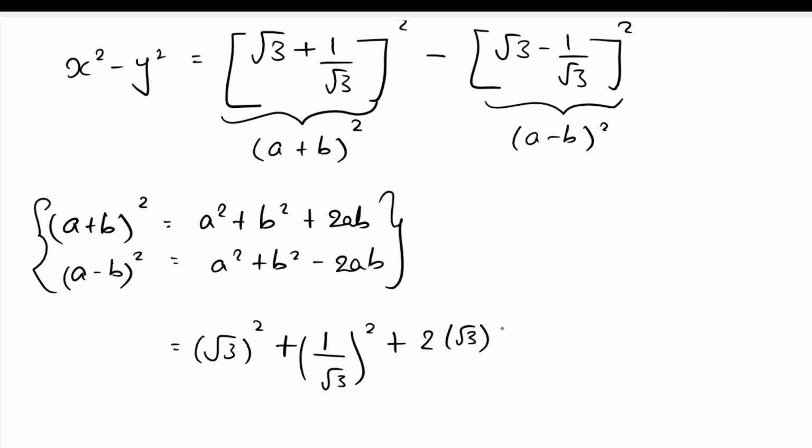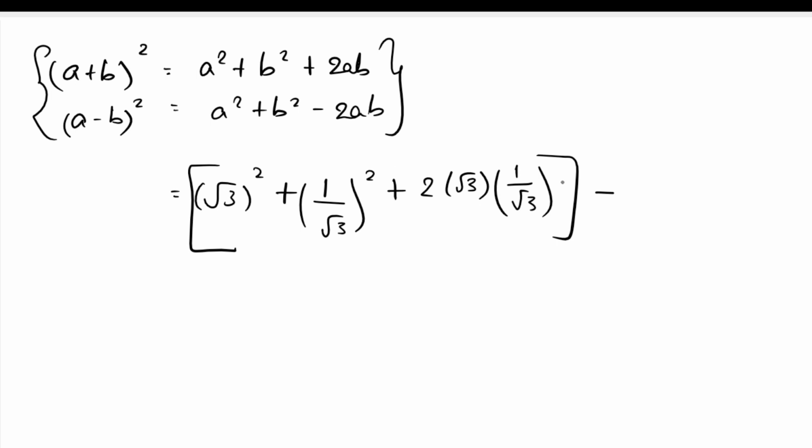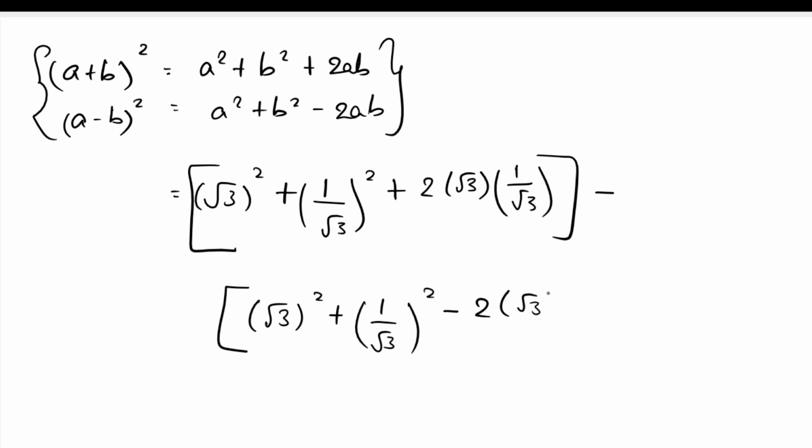A is root 3 and b is 1 by root 3, minus, now here a minus b the whole square. So applying the formula, we'll get a square, which is root 3 square, plus 1 by root 3 square, which is b square, minus 2 into a into b. A is root 3 and b is 1 by root 3.